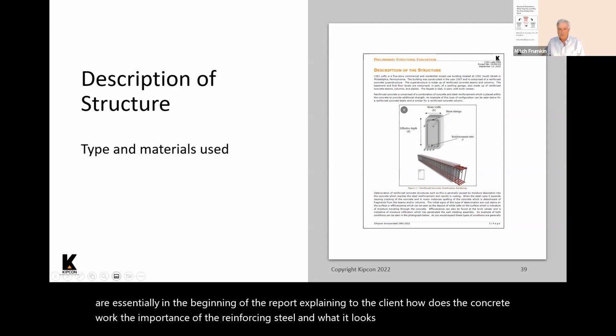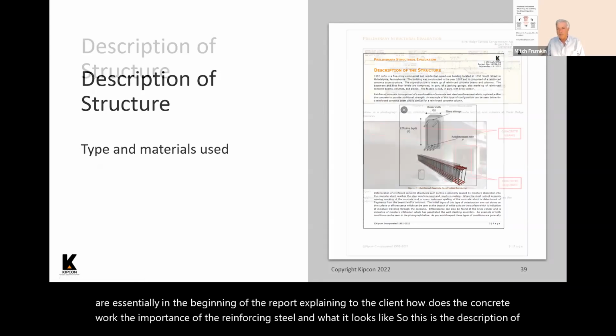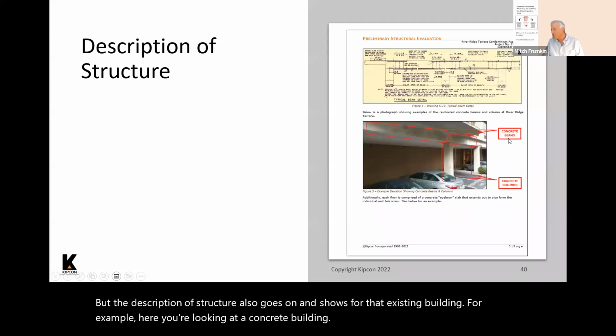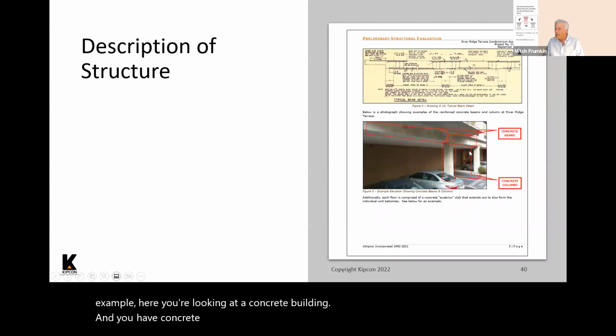So this is the description of the structure. It also goes on and shows, for that existing building, for example, here you're looking at a concrete building with concrete beams and concrete columns, and it identifies from the actual building what the structure is made up of.